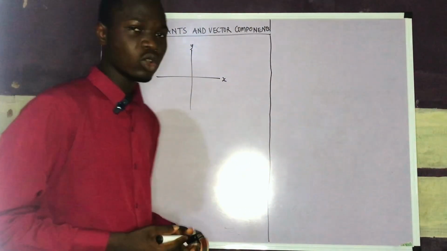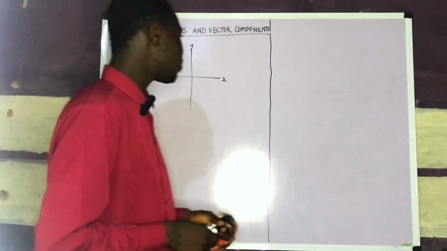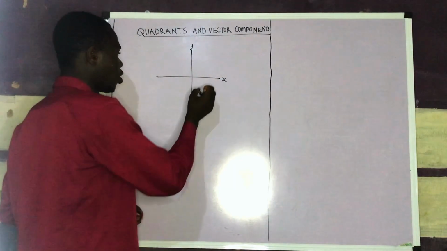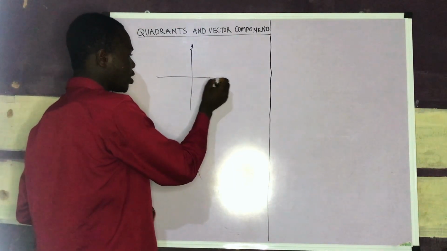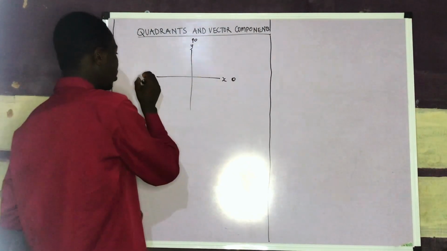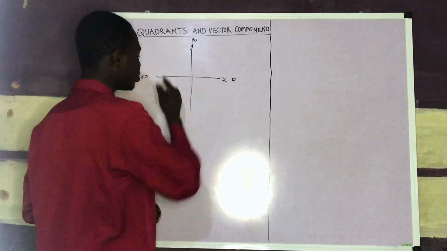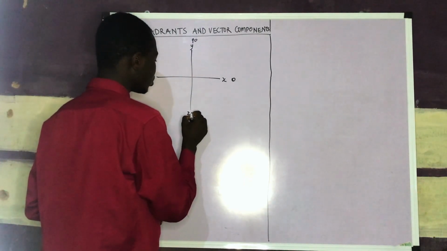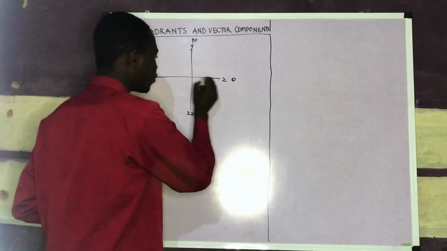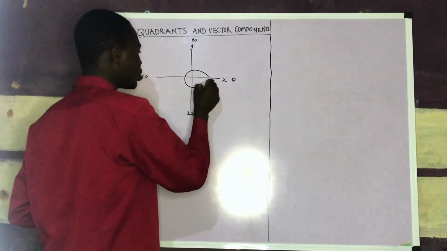So when measuring a vector, we always measure from the positive x-axis. That means this place is our 0, this place is 90, 180, and 270, right? We measure from the positive x-axis, like this, like this, like this, to this place.